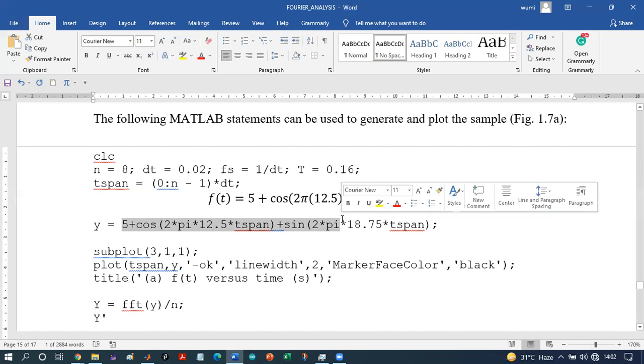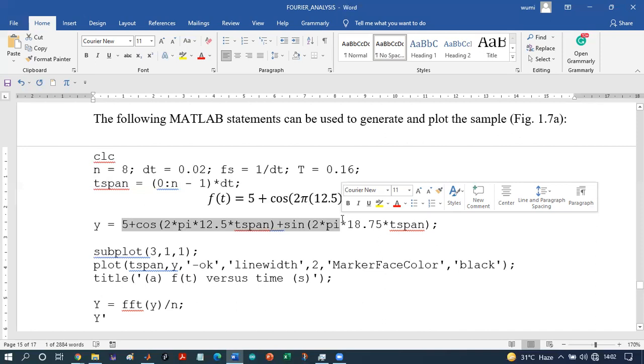Then F5 is 4 points. Then here is 5, then 4 points. So this is what we are plotting.